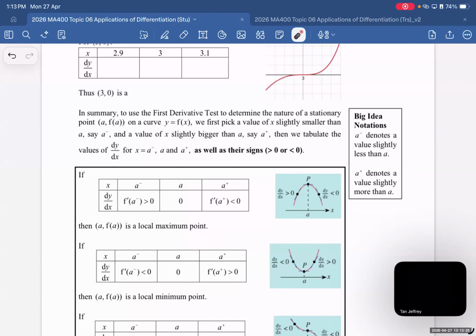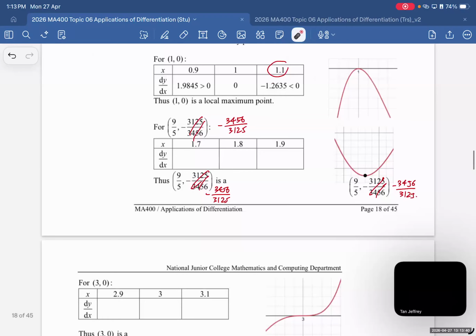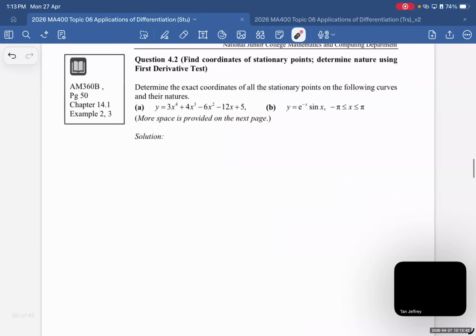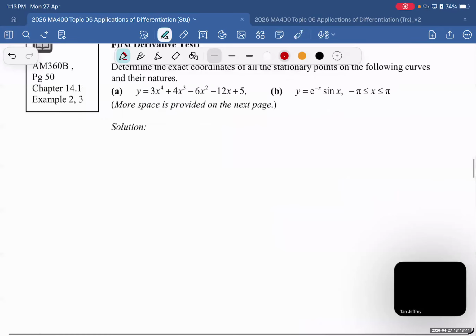Because you are in degree mode, you divide by pi, and the answer is 1/4. 0.785 is about 1/4 pi. You should get your alpha to be pi over 4.